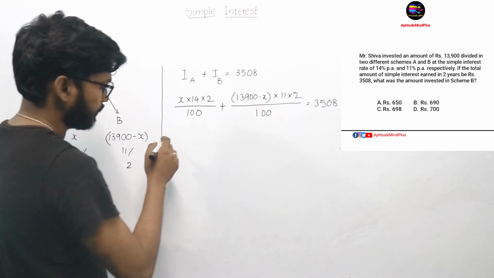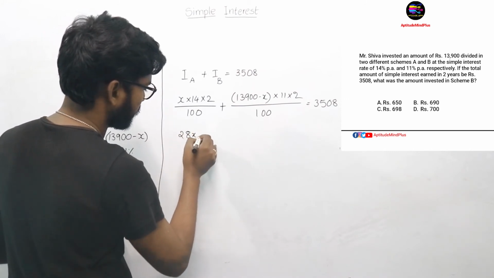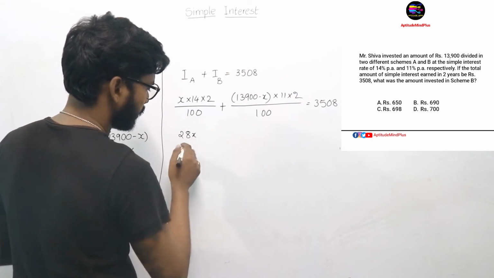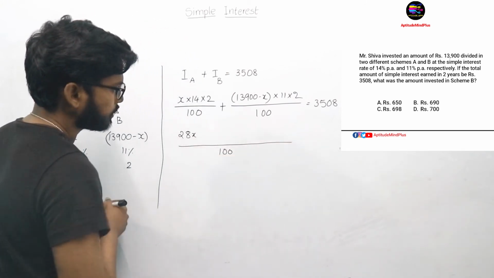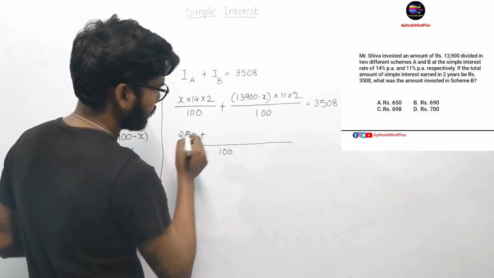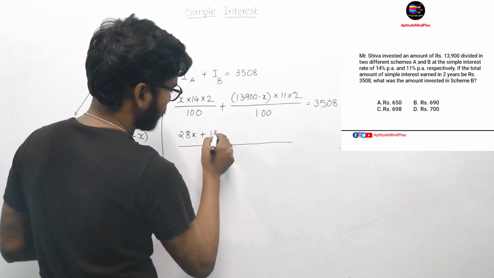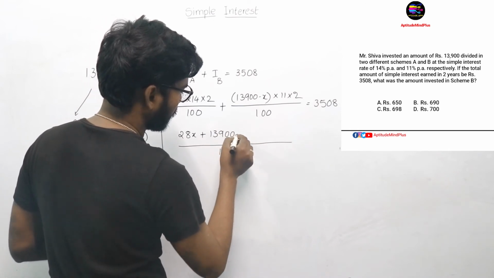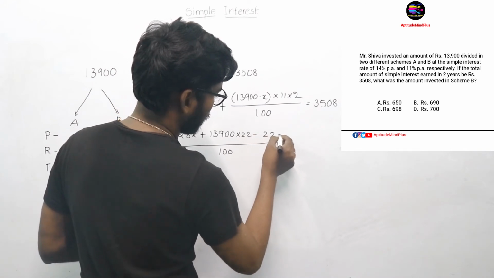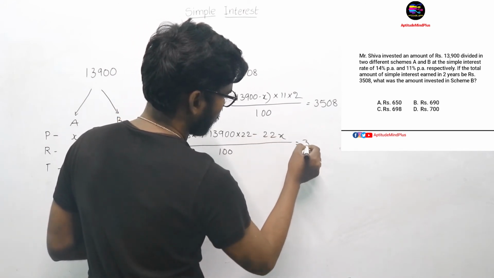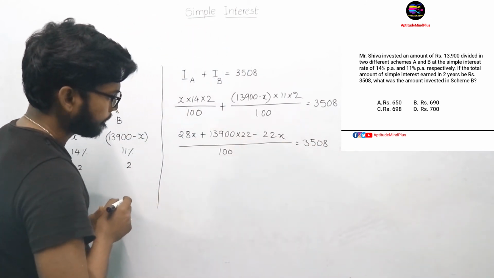See, let us try for some more steps. This would be 28x. So the denominators are the same, so let us have it like this, and this will be 11 into 2, 22, that will be 13,900 into 22 minus 22x, equal to 3,508 rupees, right?